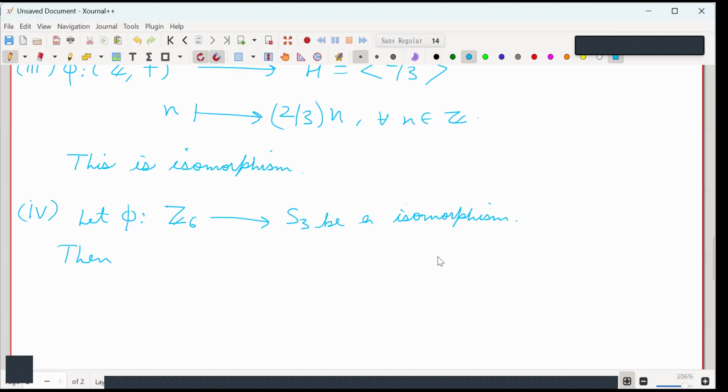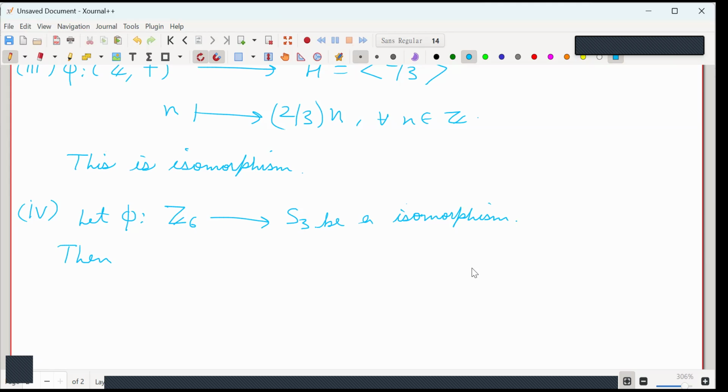I couldn't get it. Can you just repeat your argument once? So suppose the generator of Z6 maps to some element of S3. Now there are two cases.